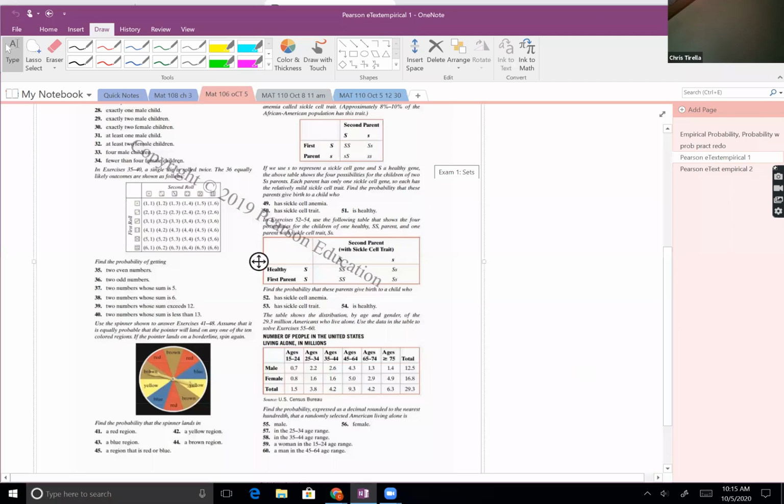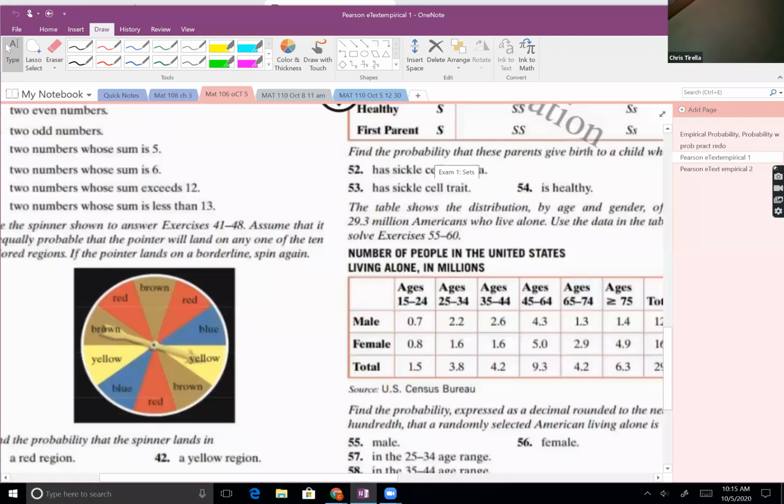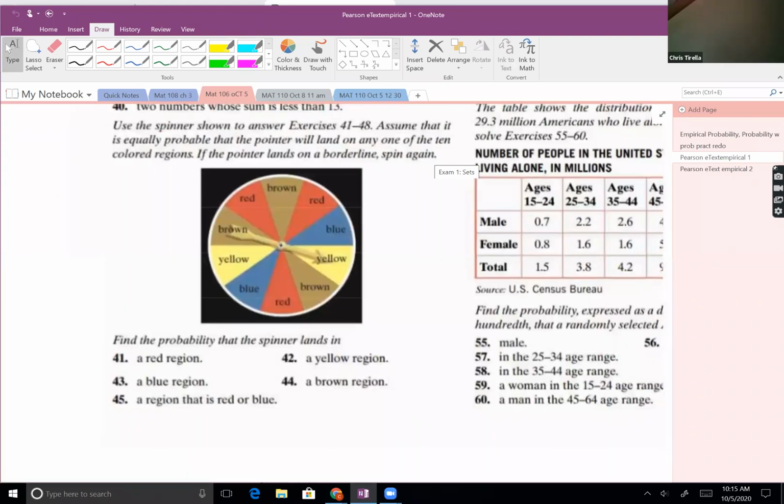I'm just thinking, we didn't do any spinner type questions, so let's go through and look at one of those. It says use the spinners shown to answer 41 to 48. Assume that it is equally probable that the pointer will land on any one of the 10 colored regions. If it lands on a border, you'll spin again.